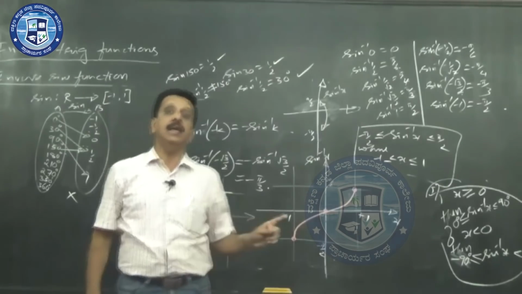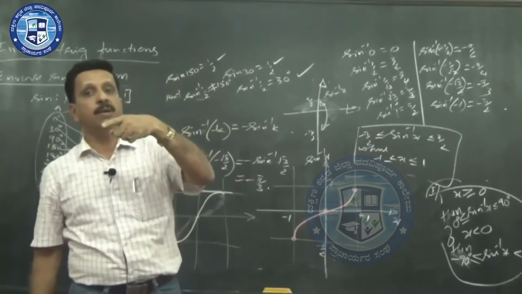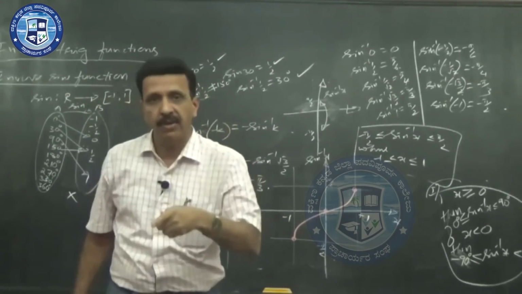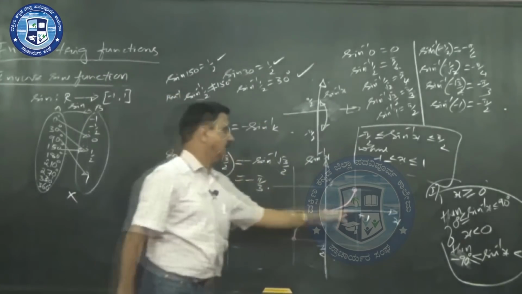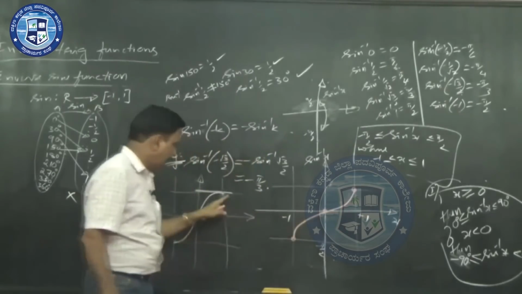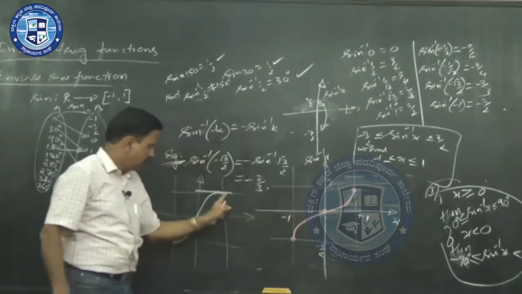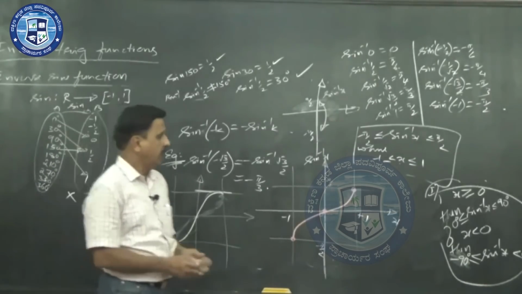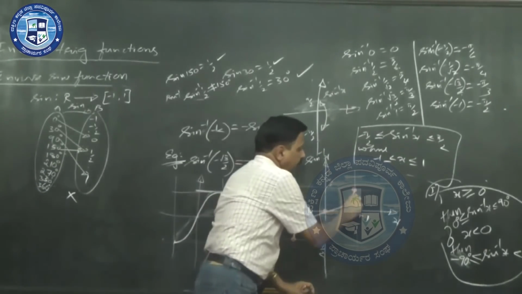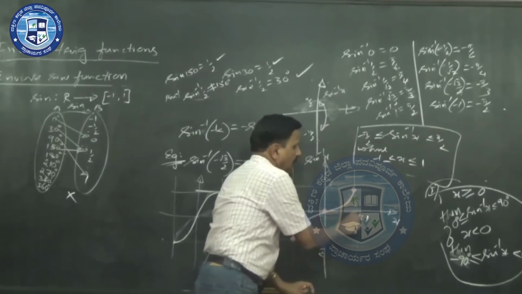You can get a very clear idea when we do the topic called tangents and normals. So, remind your teacher to explain more about why the graph of sine inverse x versus x has to be like this, but not like this. Then you can understand better. For the time being, understand the tangent which is drawn at x is equal to 1.